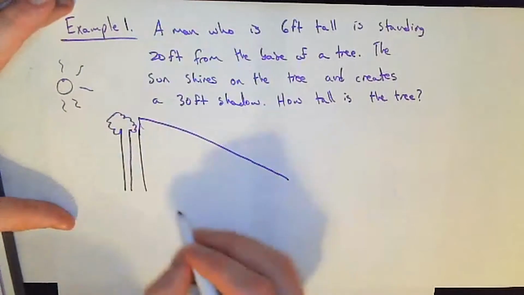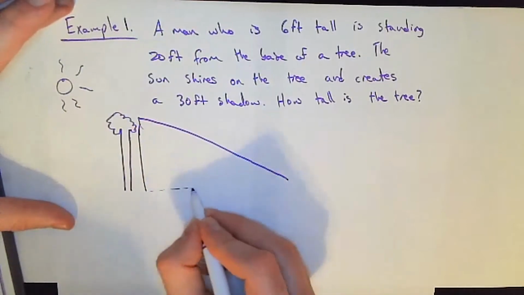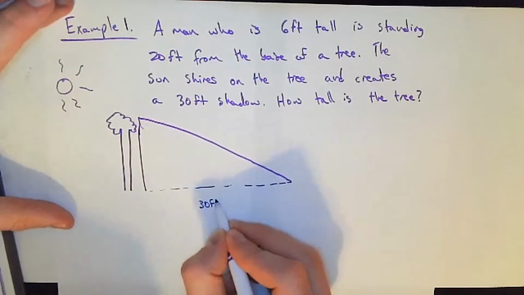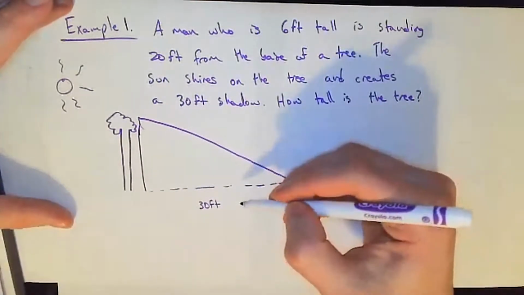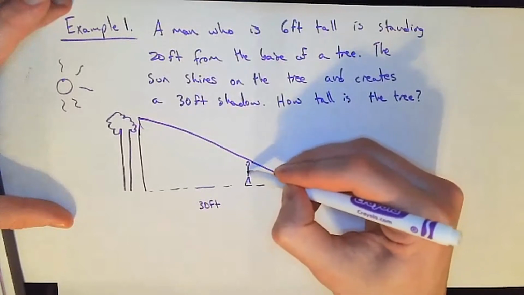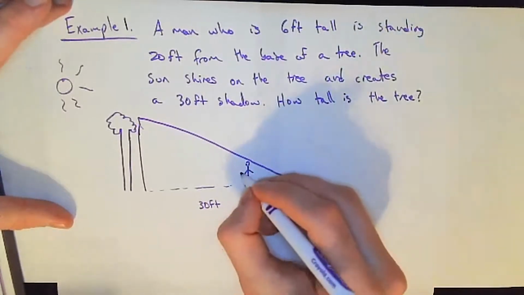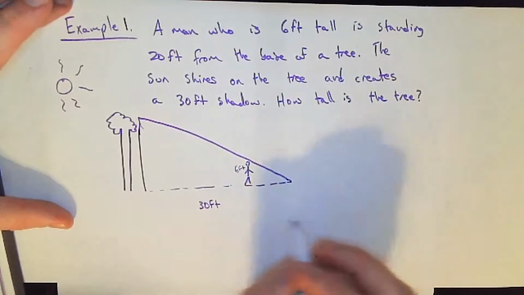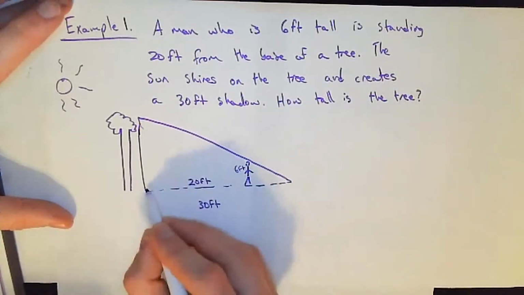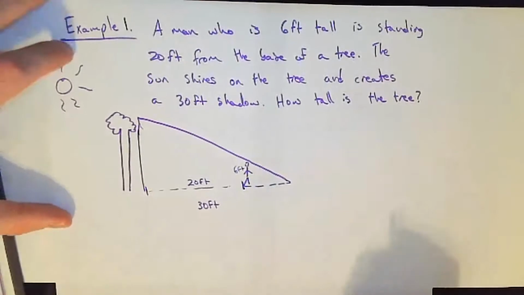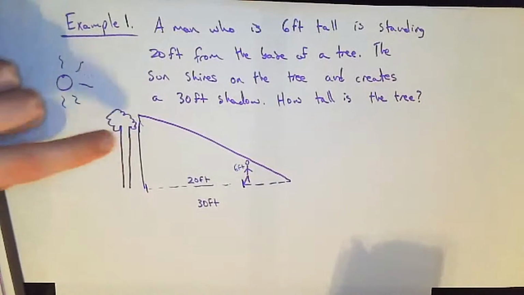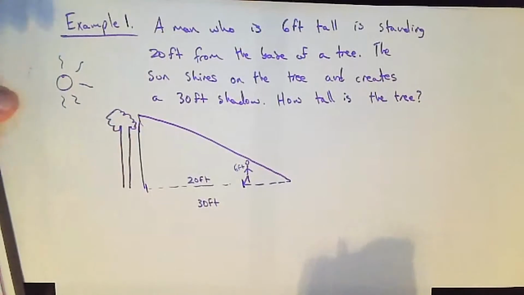Draw the shadow first, it is 30 feet long. And then there's a little 6 foot tall guy standing here, 6 feet tall. And he's standing how many feet from the base? 20 feet. So from here to here is 20 feet from the base of the tree. We want to know how long is this side? How tall is the tree?